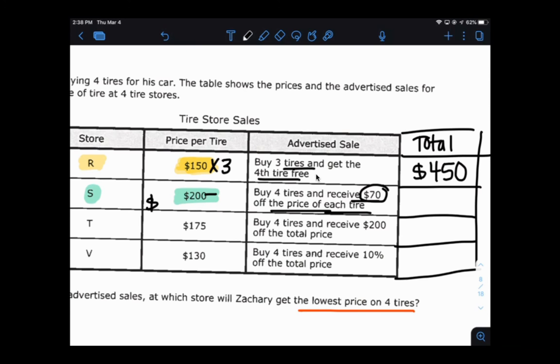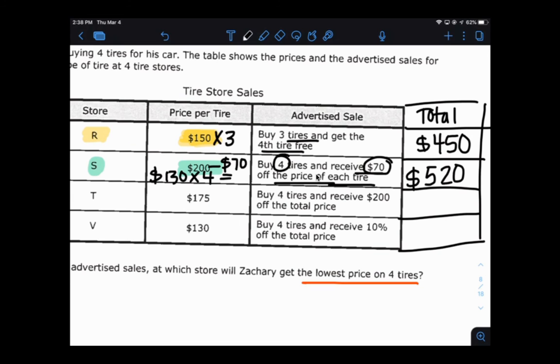Let's show here that we're subtracting $70. Each one will practically be $130, right? Here you would have to pay for all 4. So 130 times 4 will give us a total of $520. Okay, so far I think R is the best deal.